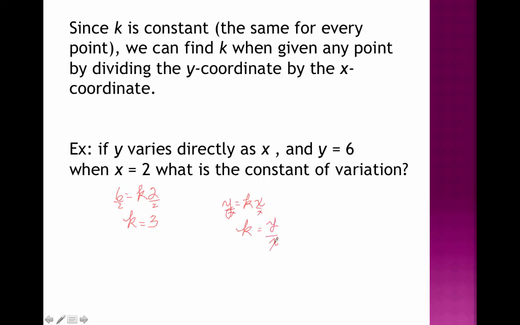Notice it's the same thing. I can just plug in my y value, 6, over my x value, 2. So k equals 3. Here I've plugged it into the equation to find the constant of variation, or I can just take it as a ratio of y over x.